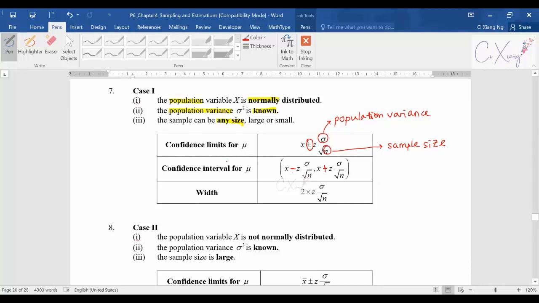After that, there's another thing you need to know when you calculate the confidence interval. Sometimes they will ask you to find the width of the interval.